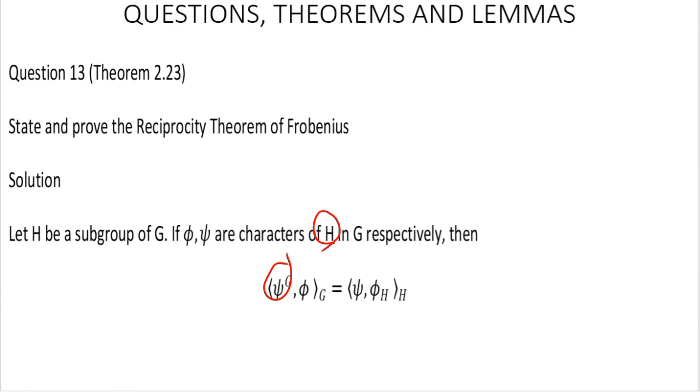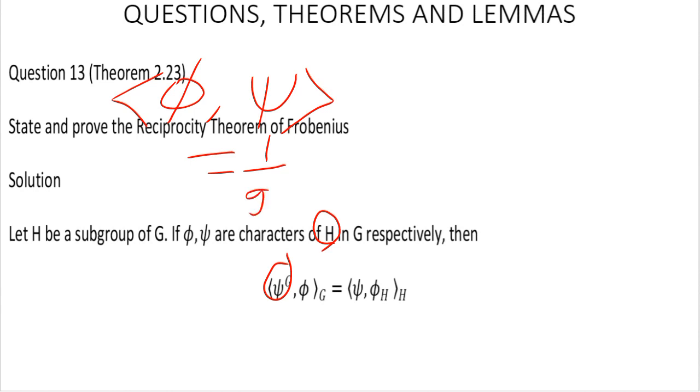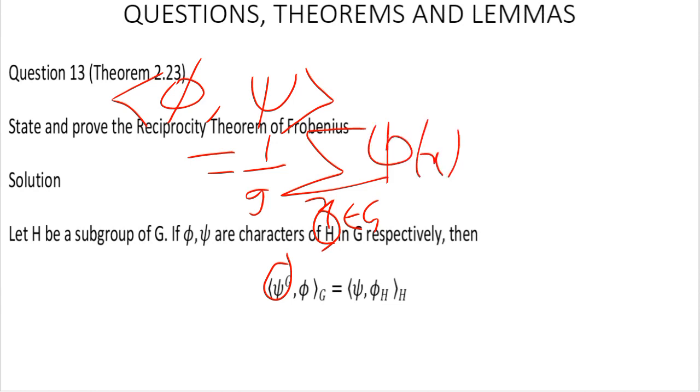Also, because we're talking about an inner product, we need to remember from previous videos that the inner product of these characters of H is the same as 1 over G, sum over X in G, of phi of X, because that's phi first, and then psi of X inverse.